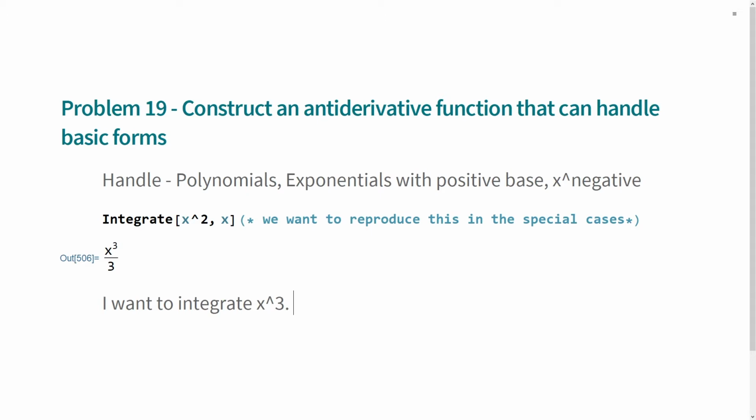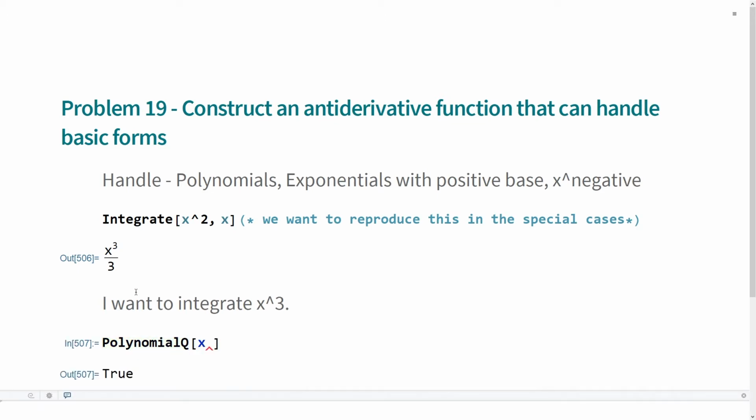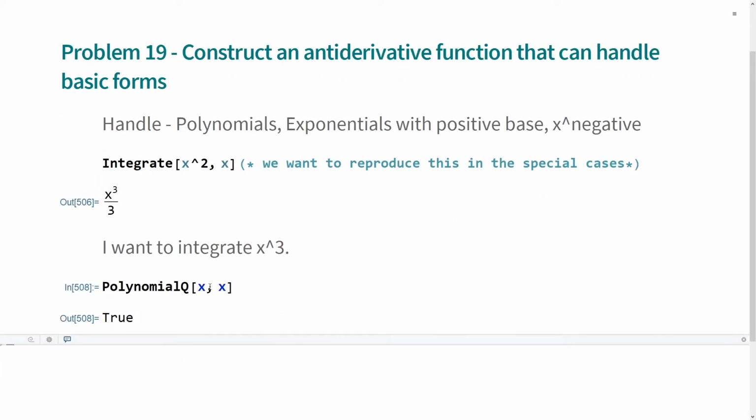Monomial terms from polynomials. So one trick that we can use to tell if a monomial is a polynomial term is the query PolynomialQ. Is x a polynomial? Well, we have to say in x. Yeah, x is a polynomial in x. Is x squared a polynomial in x? Yep.